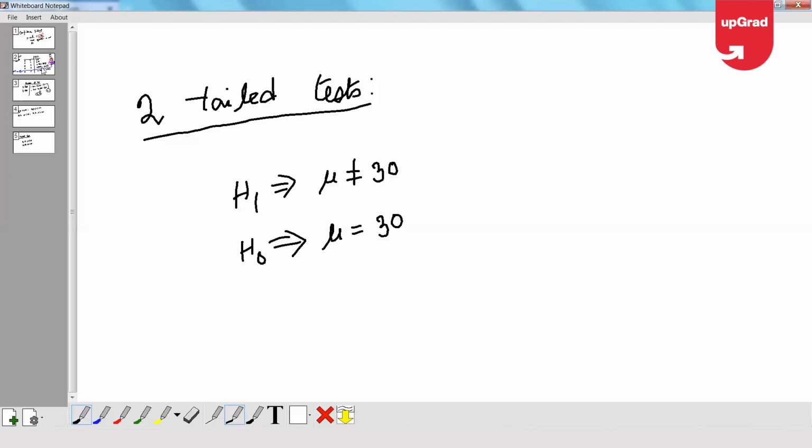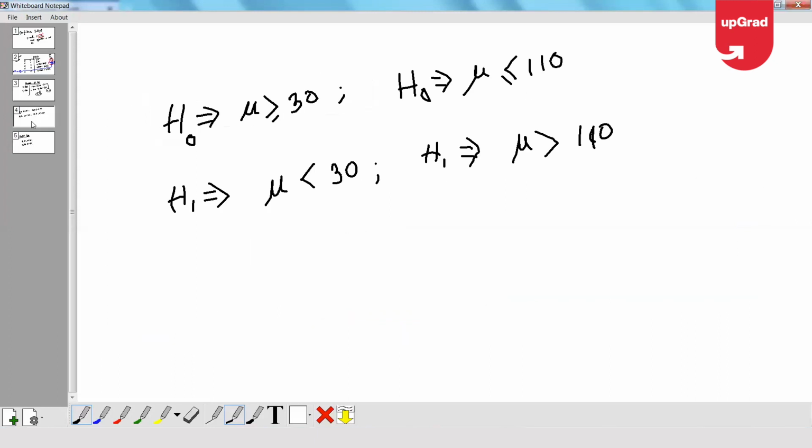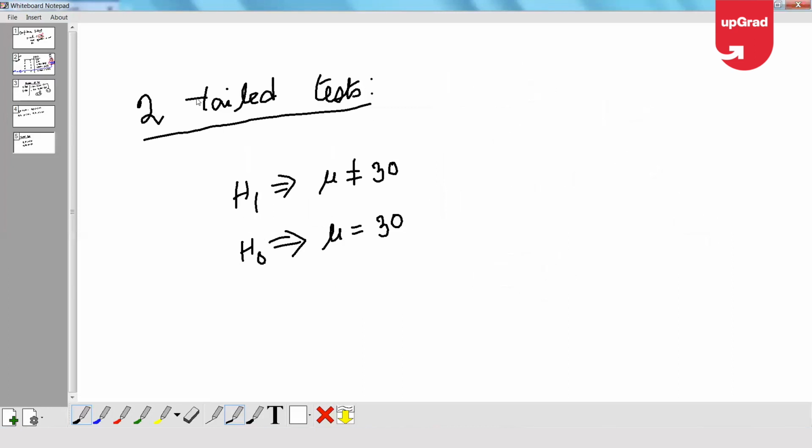Now let's understand something which is very interesting, and we call it the confusion matrix. In the next video, I'll cover in detail the different varieties of tests which are available, Z-test, T-test, and a few other tests which are non-parametric in nature, don't worry. So now let's understand the confusion matrix, which is confusing.